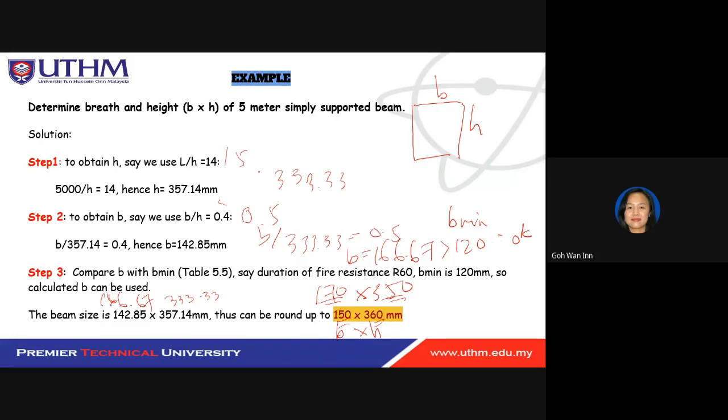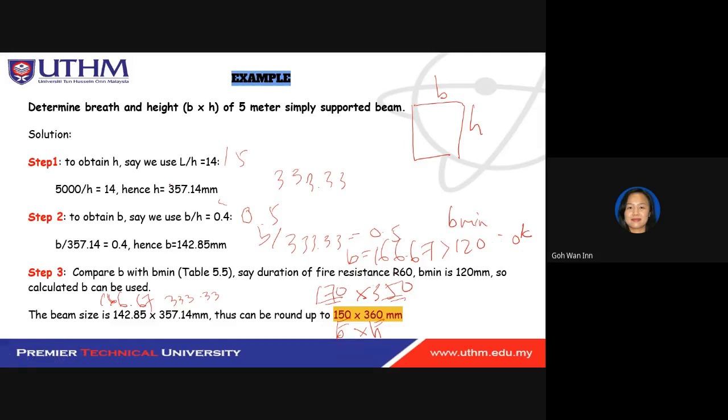If you use this, you can take the value in the middle, so you will get the value also roughly similar, because it's not much different, right? 170 times 350 and 150 times 360. Try you get the area: 170 times 350, so you will get 59500.